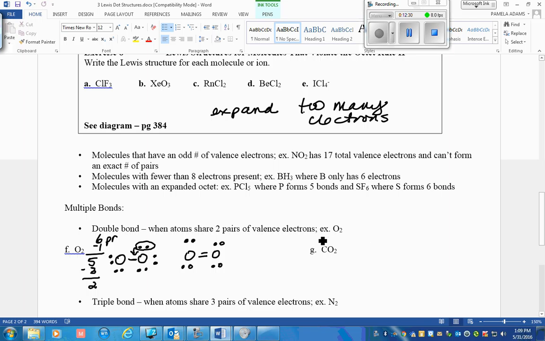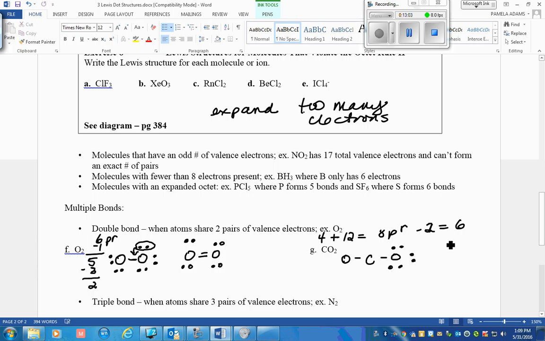Alright, CO2 has 4 from the carbon and 12 from the oxygens for a total of 16 or 8 pair. Carbon's always a central atom, which means the oxygens are ligands. I'm going to use 2 pair to hook the molecule together. That leaves me 6 pair to satisfy the octet for all of these atoms, starting with my ligands first.